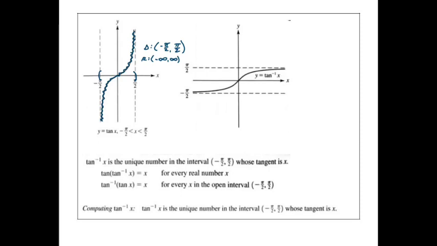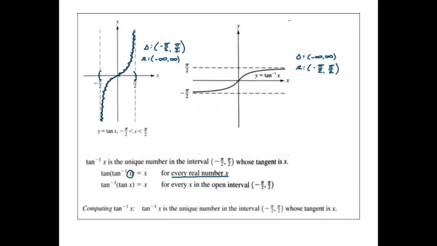The only major difference in the way tangent is restricted is tangent doesn't exist at pi/2 and -pi/2, and the range is -infinity to infinity, which means if I think about the inverse tangent function or arctangent function, the domain would be -infinity to infinity, and the range would be -pi/2 to pi/2, not including those. Those are going to act like horizontal asymptotes for the tangent inverse, which were vertical asymptotes for the tangent function.